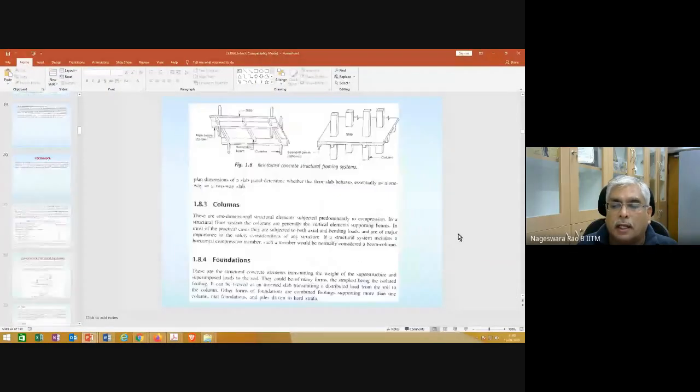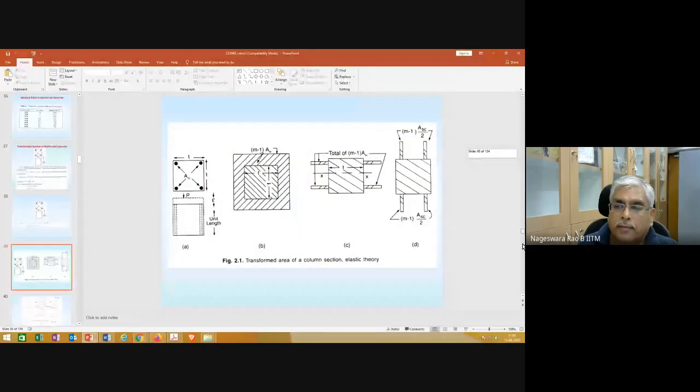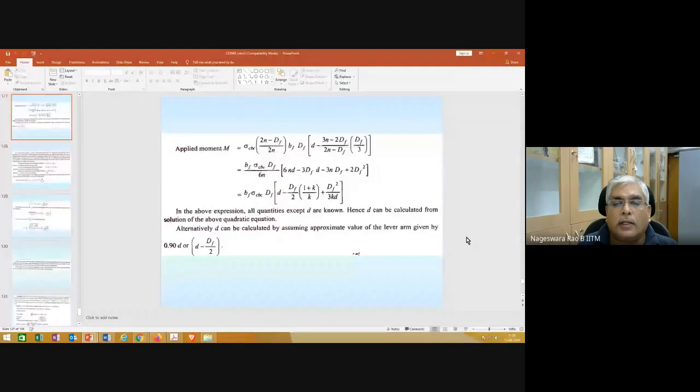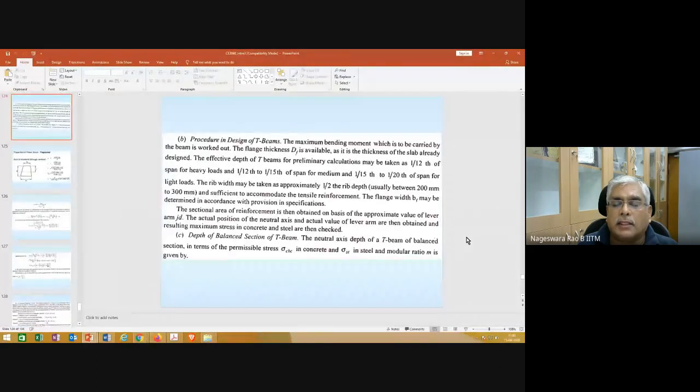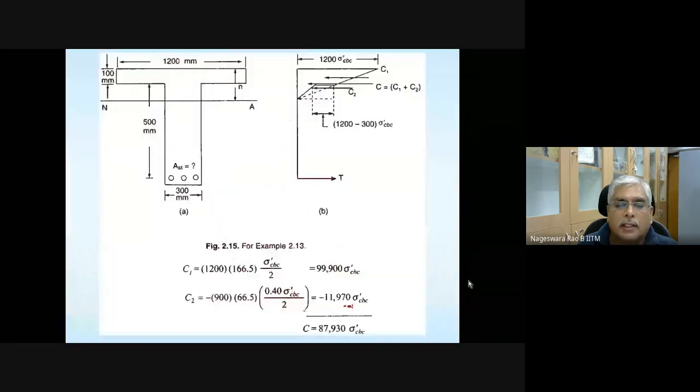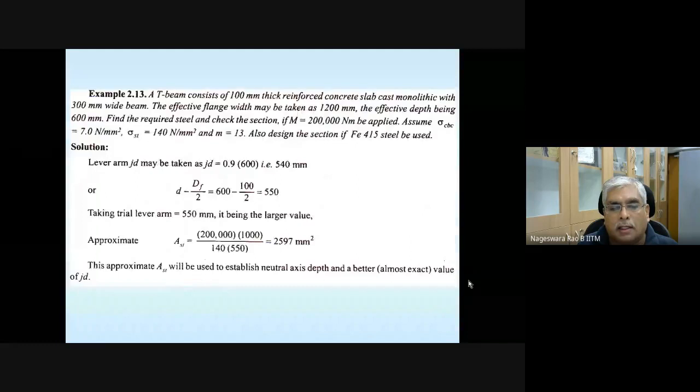So in the last class, we looked at how to design a T section. Basically, a T section or a T beam, that shape is actually coming because we want to take advantage of the slab which is monolithically casted along with the beam.